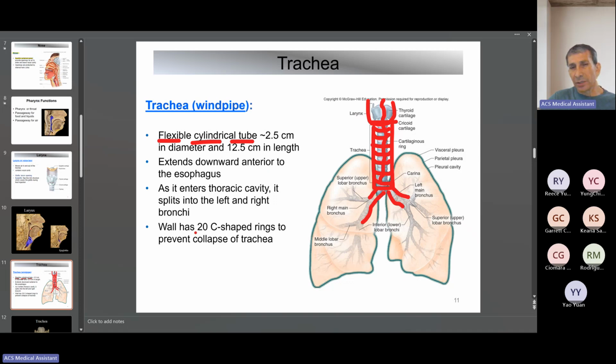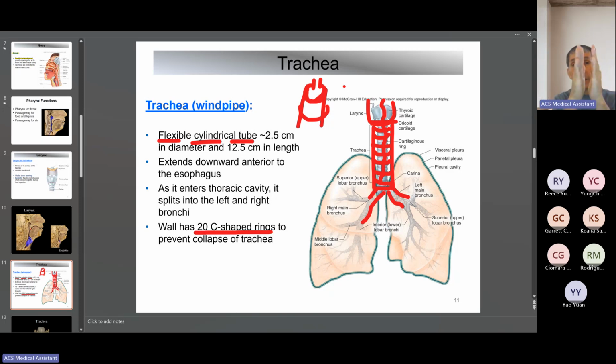So it contains 20 C-shaped rings. So these rings are like this. Let's look at the trachea right here. The rings go in a C shape, but they don't go around the entire trachea. They just make a letter C. They are not rings completely surrounding the trachea. No, it has to leave an opening right here. So when we eat something, this trachea stretches. It becomes wider.